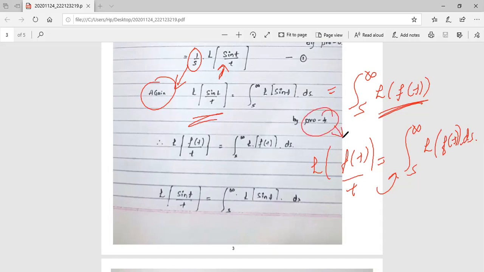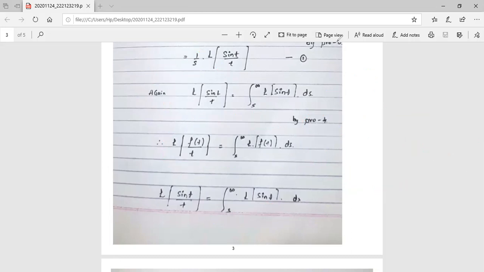So using this property we will solve the Laplace transformation of sin t divided by t. We write the integral from s to infinity of the Laplace transformation of sin t into ds. So the Laplace transformation of sin t by t is equal to the integral from s to infinity of the Laplace transformation of only sin t, into ds as it is.